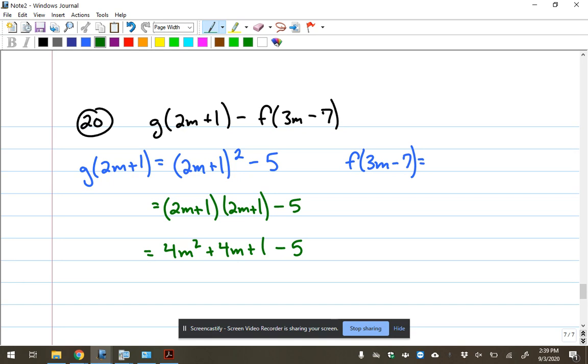I'm just doing that step in my head. So this is 4m squared plus 2m plus 2m plus 1, and then minus 5. And then the 1 minus 5 turns into 4m squared plus 4m minus 4.